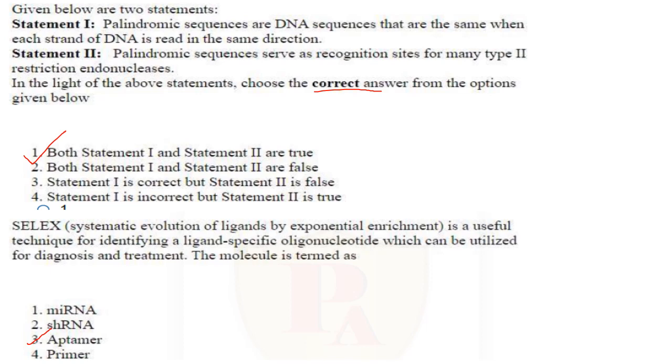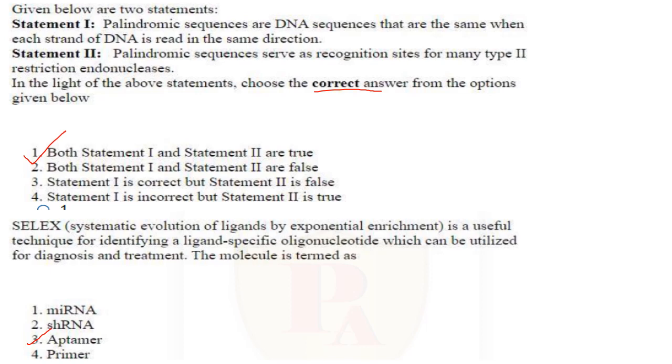So the first strand is GAATTC, and in the second strand also from 5' to 3', if it is GAATTC, then it is a palindromic sequence.